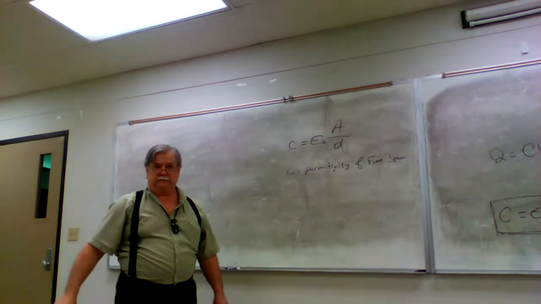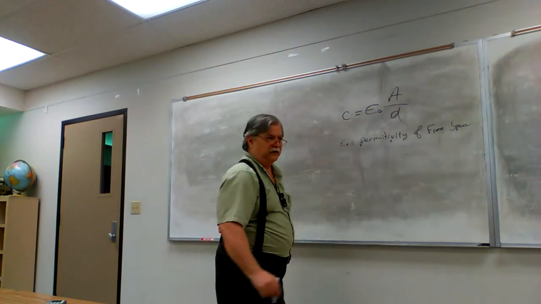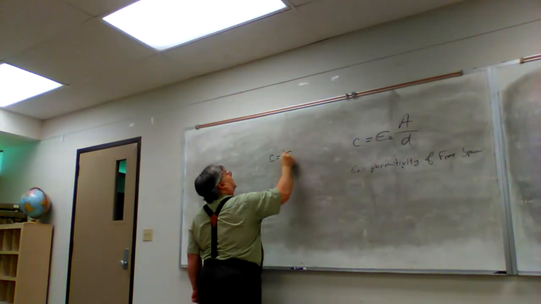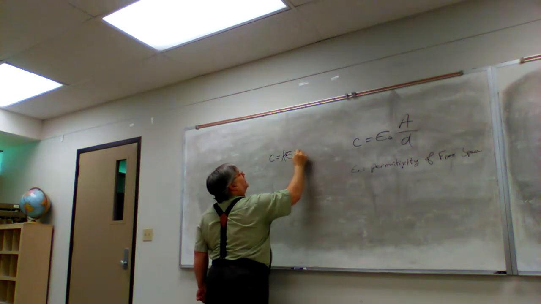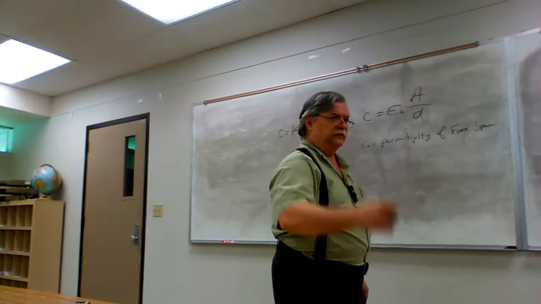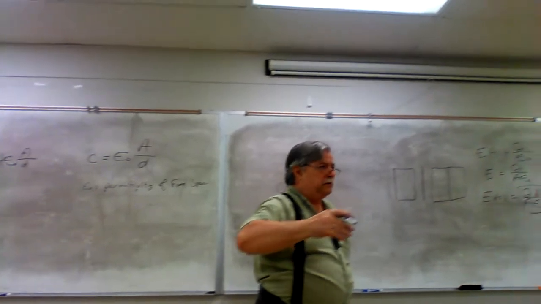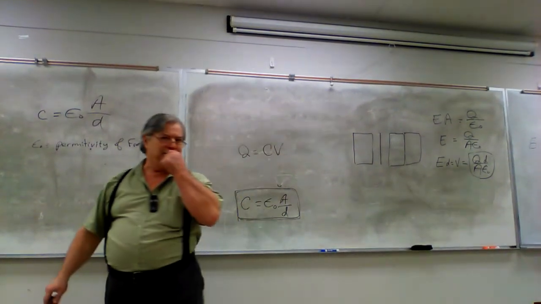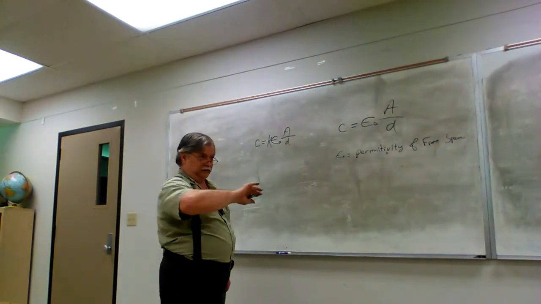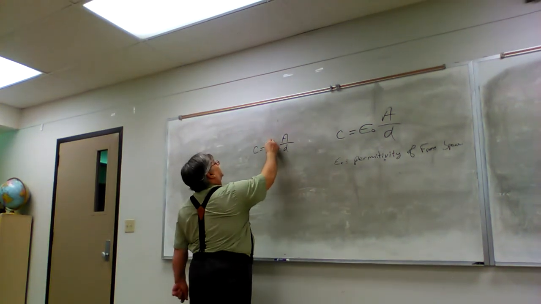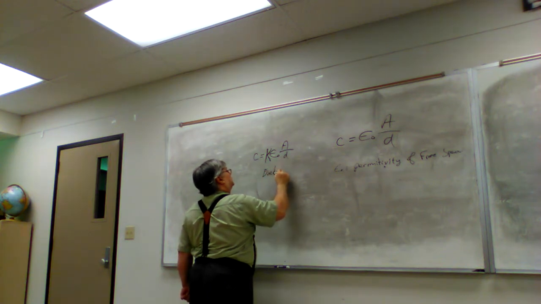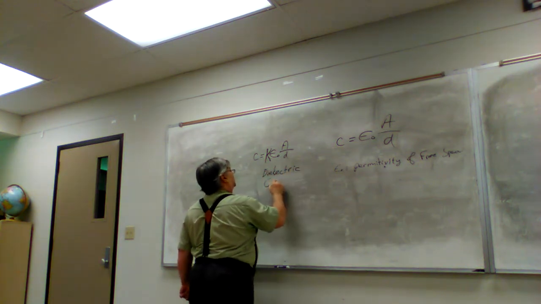Strictly speaking, the formula for a capacitance of two parallel plates is K times epsilon sub naught times area over distance, where K is the dielectric constant of the space between the plates. No, this K is not the same as the other K. This is called uppercase K. It's the dielectric constant.